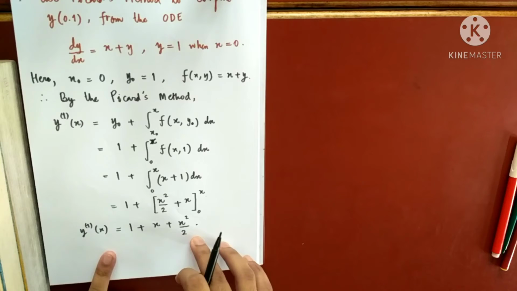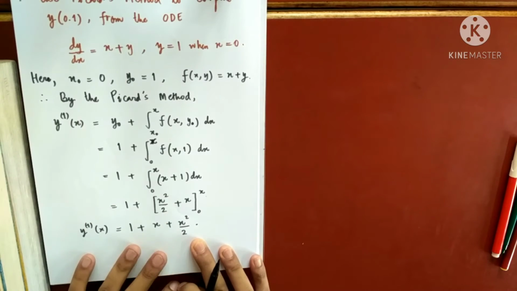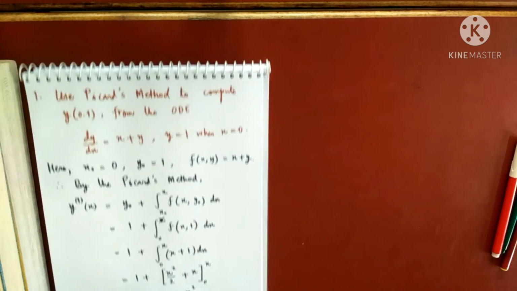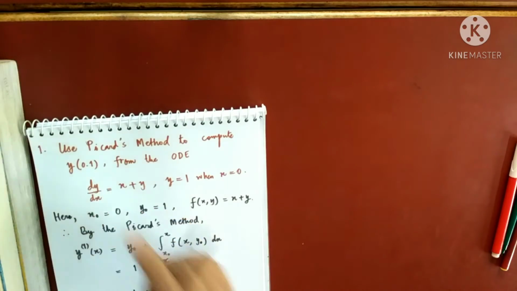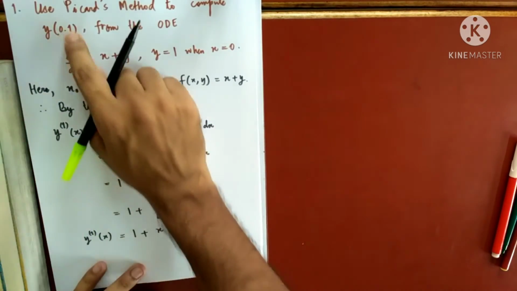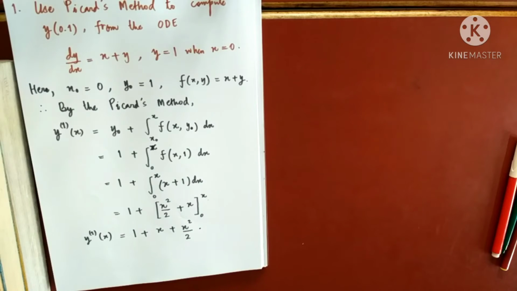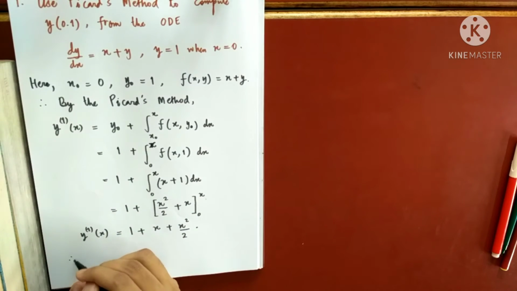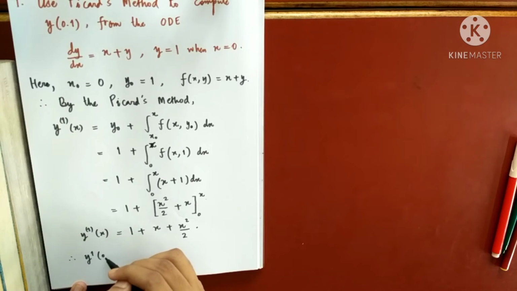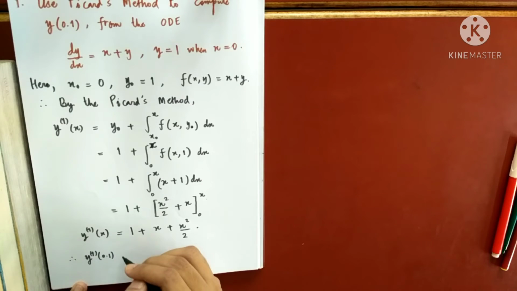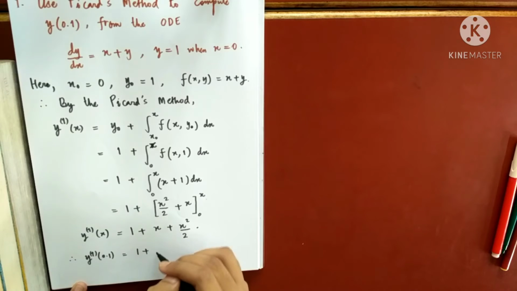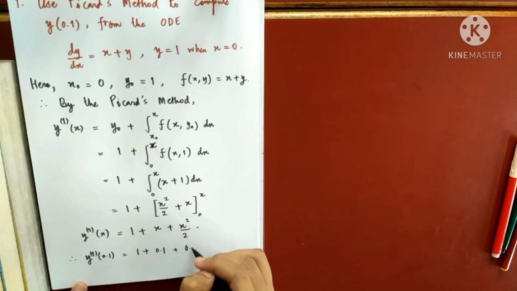So this is basically a solution, but we'll try to make the solution better. But you see, I wanted to find y at 0.1. So now this 0.1 is being used. I have the value for y of x. So what is y at 0.1? We'll put 0.1 everywhere: 1 plus 0.1 plus 0.1 square by 2.